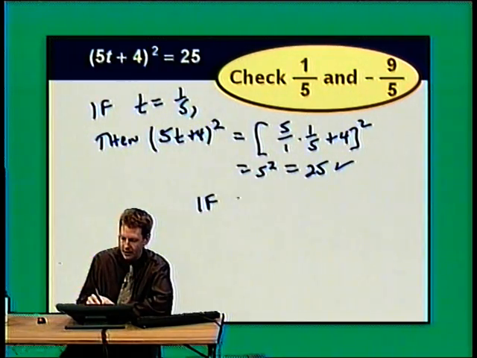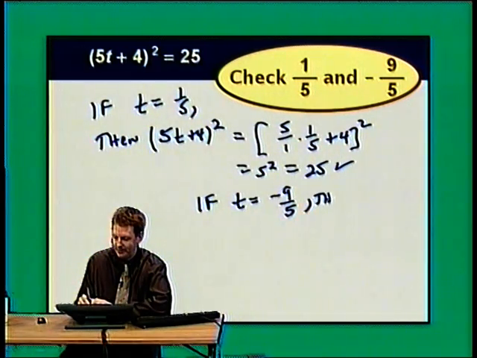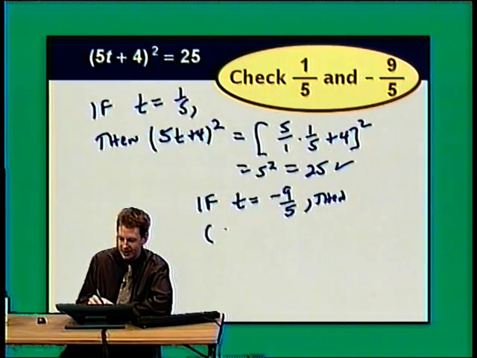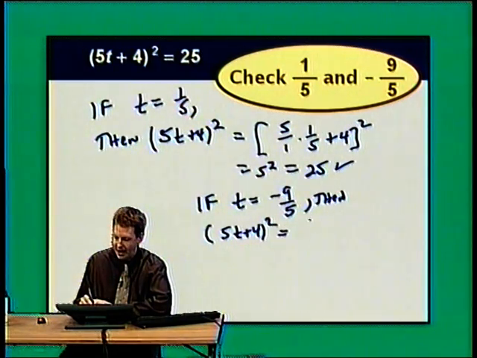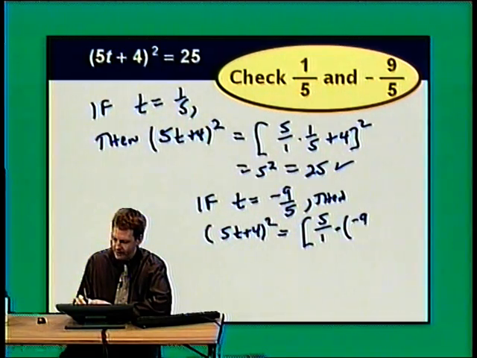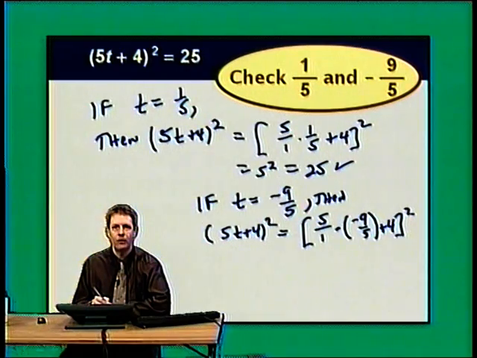How about if t is negative 9/5? Then our variable expression, 5t plus 4 quantity squared, becomes 5 times negative 9/5 plus 4 quantity squared.